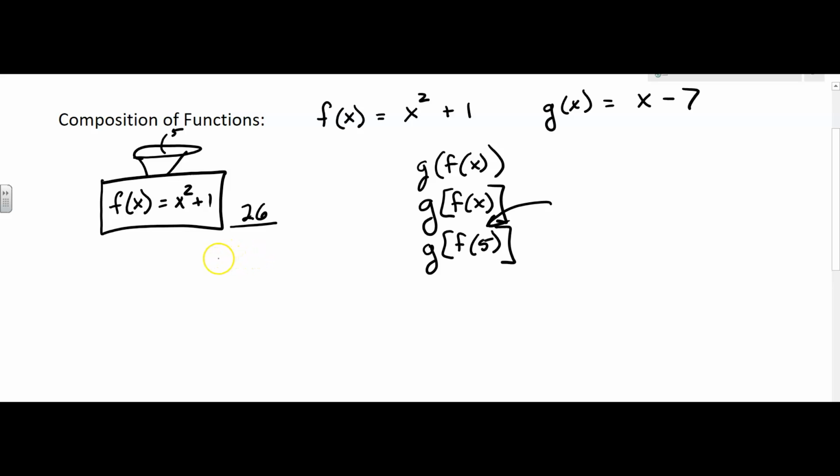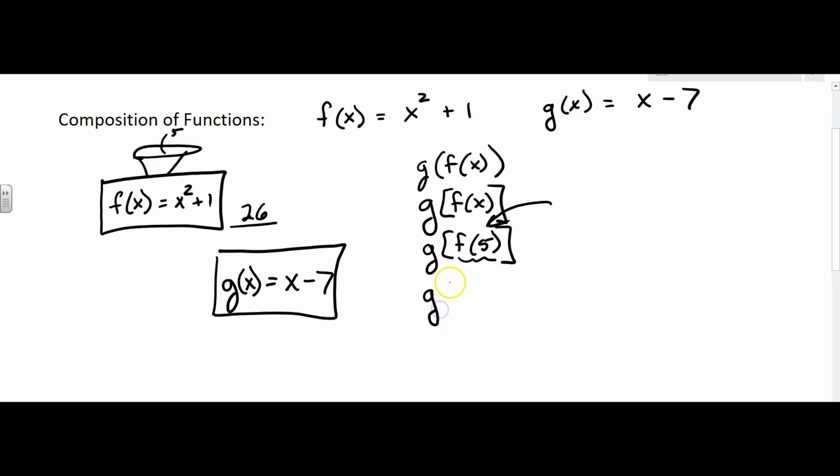Well, now what's happening is there's another box down here, a g of x, which says take x minus 7. So we found f of 5, right? It was 26. So now what we want to do is find g of 26. So it comes out of one box and goes into the other box. And so in our case, we would have 26 minus 7, which would be what, 19?